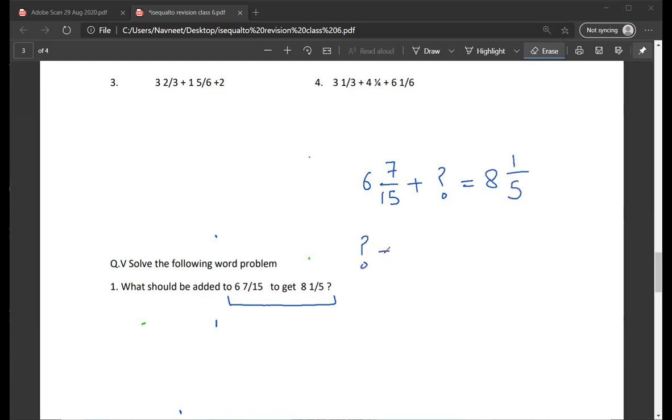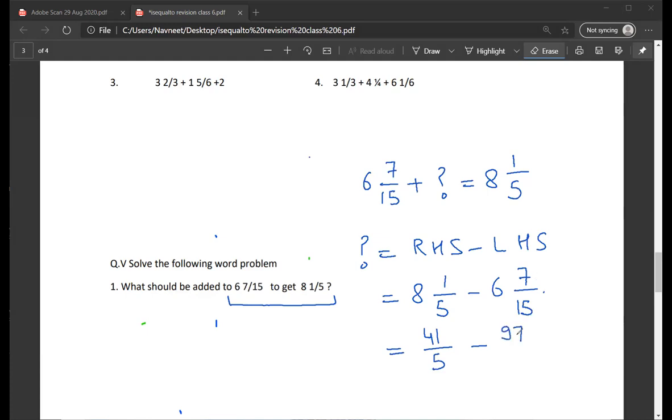So something would be equal to right hand side minus left hand side, is equal to 8 1 by 5 minus 6 7 by 15. Is there any doubt? No, sir. 8 1 by 5 is 41 by 5 minus 6 7 by 15 is 97 by 15. Is there any doubt? No, sir.